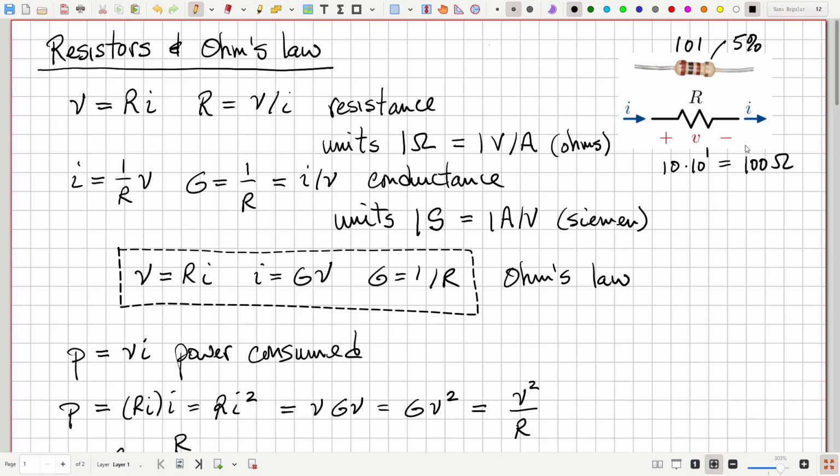This is a 100 ohm resistor nominally, plus or minus 5%. 5% of 100 is 5. So it might be as small as 95 ohms or as big as 105 ohms. More likely it would satisfy some kind of bell curve, and that would be the typical width.